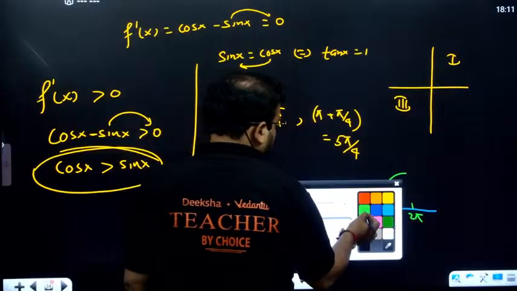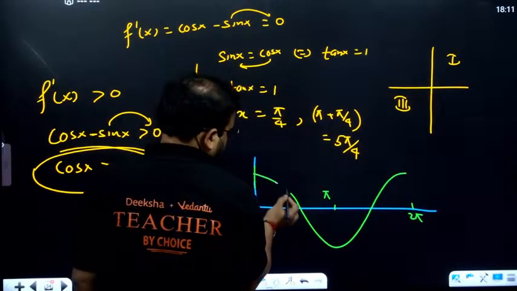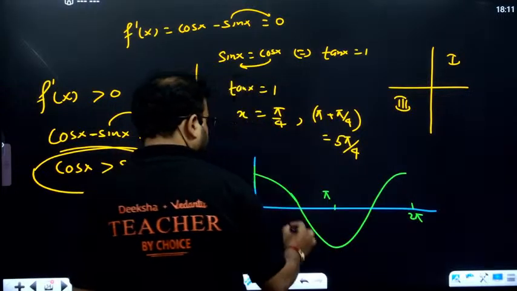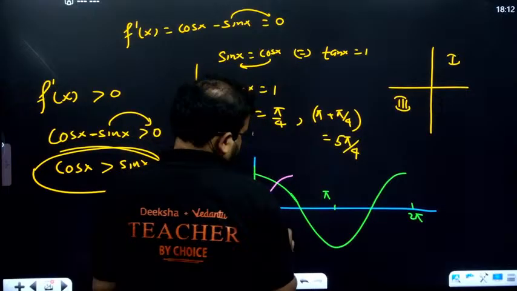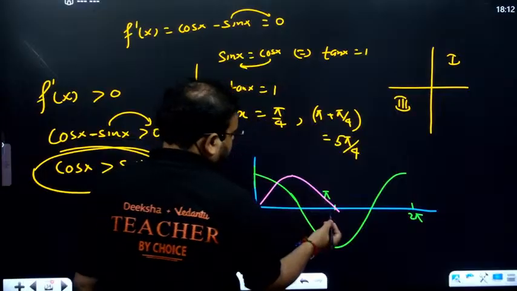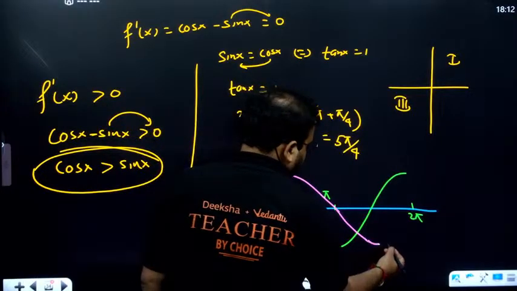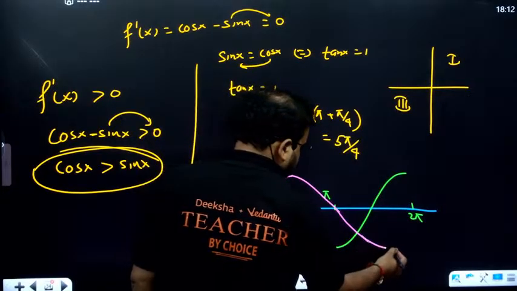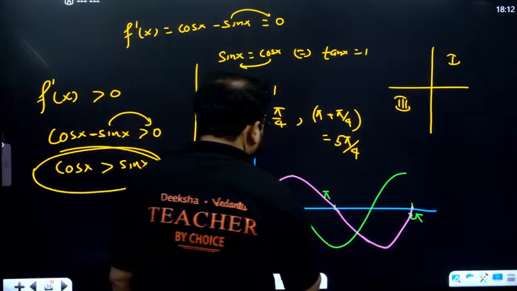Let me draw the graph properly. It should dip like this. Now for pi by 4, the graph looks like this. The maxima is attained, then it comes back to 0. Correct now? Yes. This is my value pi by 4.